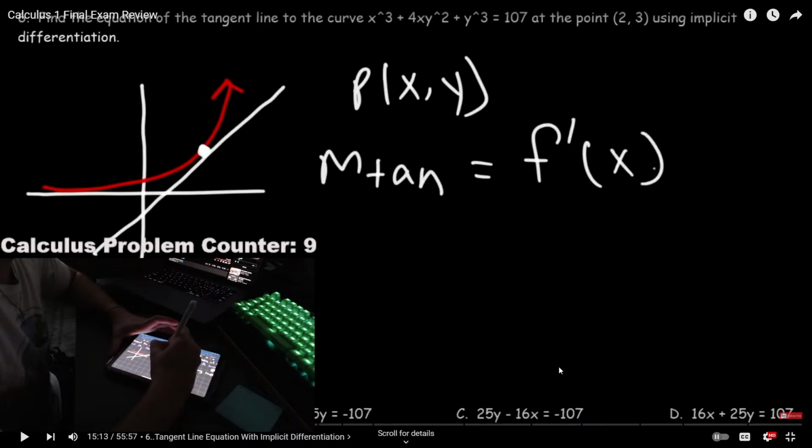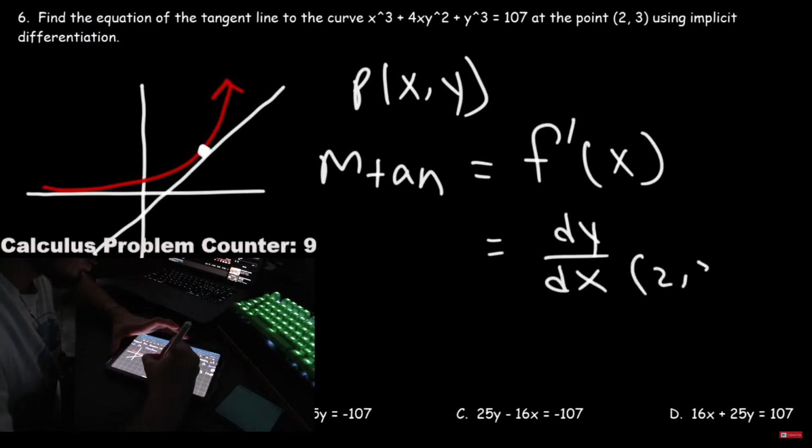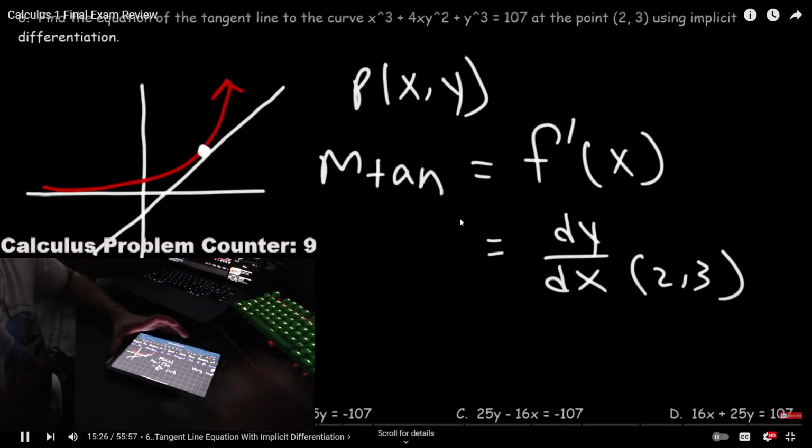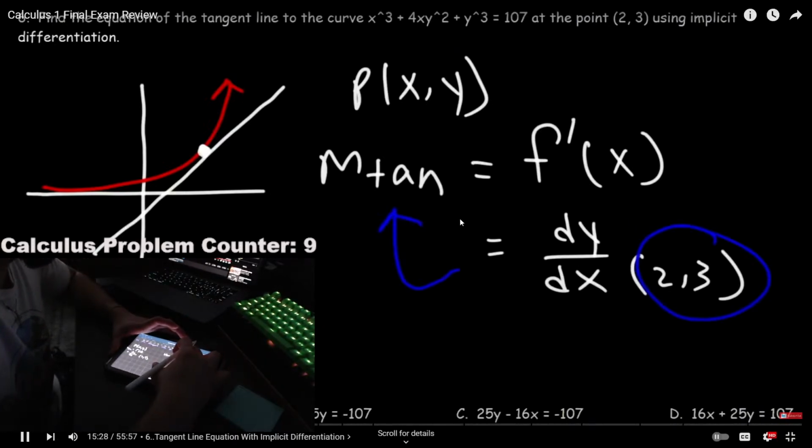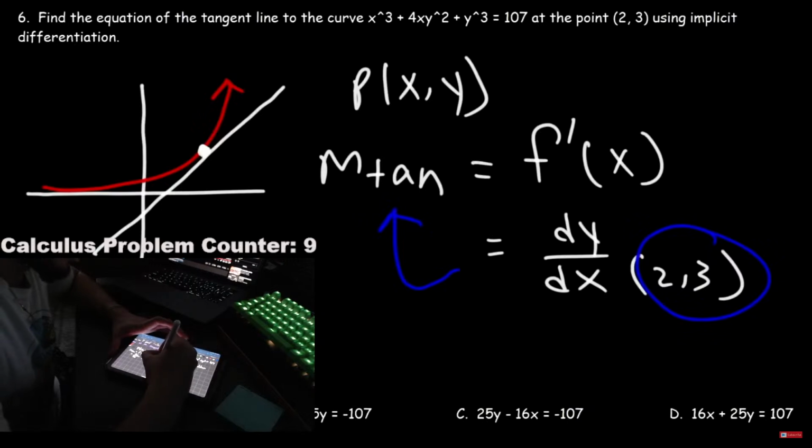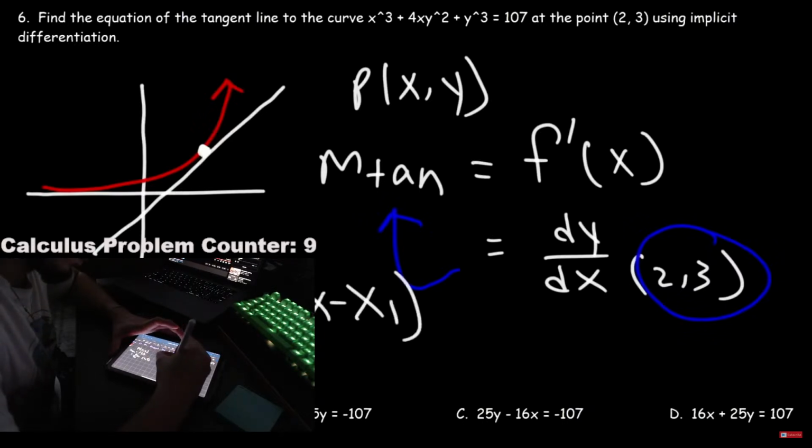Looking for P, X, Y, and the slope of the tangent equals, in this particular problem, dy dx at the point 2, 3. So, we need to use implicit differentiation to find dy dx. Plug in this point, that will give us the slope of the tangent line, and then we can use the point slope formula to write the equation of the tangent line.